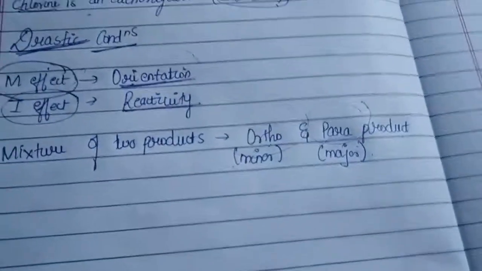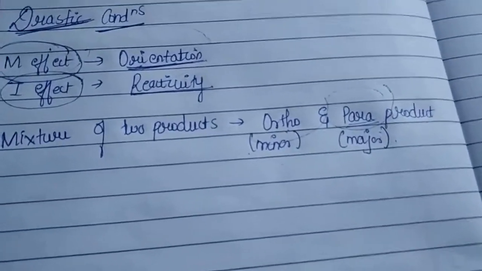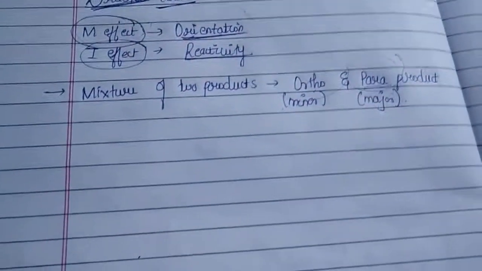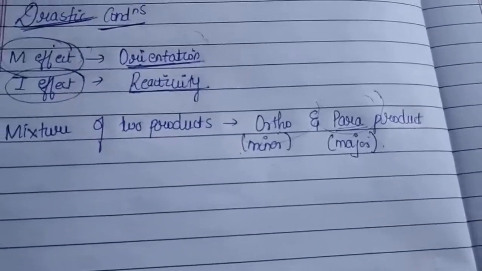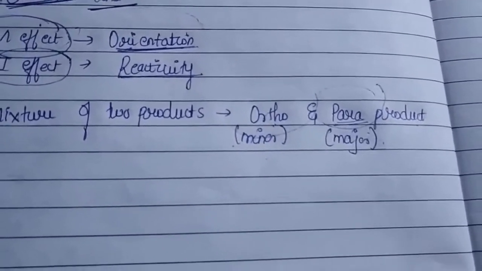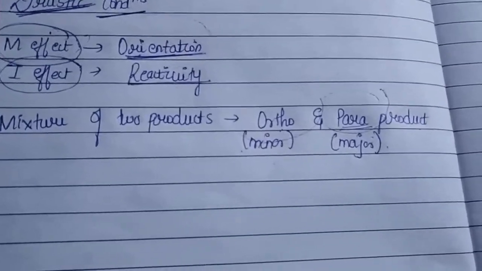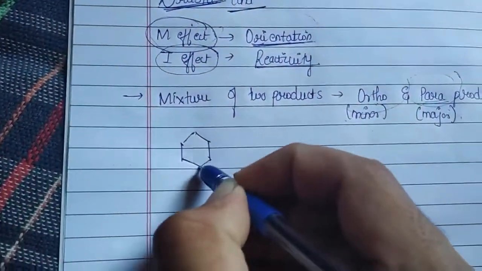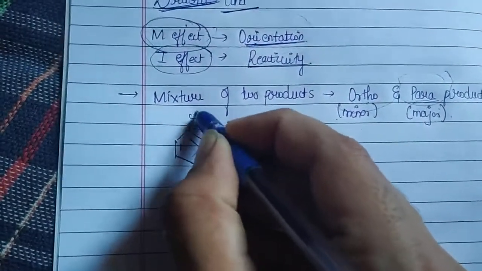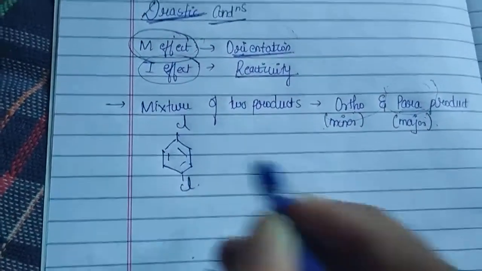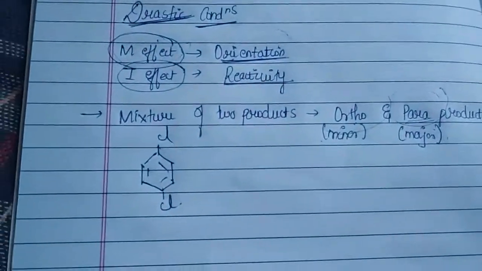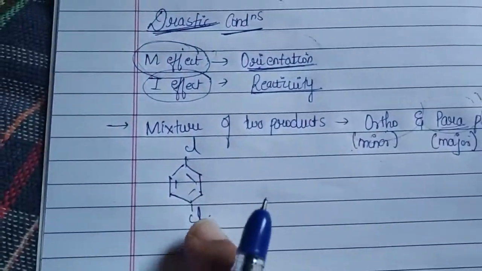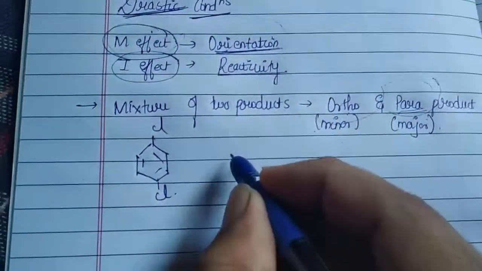Of course, you can ask me, why para, sir? So guys, in order to remember this, you have to see what type of product you are going to get. Of course, it is a solid compound. When we write para, basically if I take Cl and here also one Cl, a halogenation reaction, which you will see in this video itself, this is para.